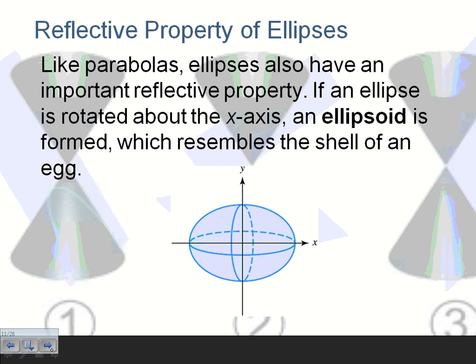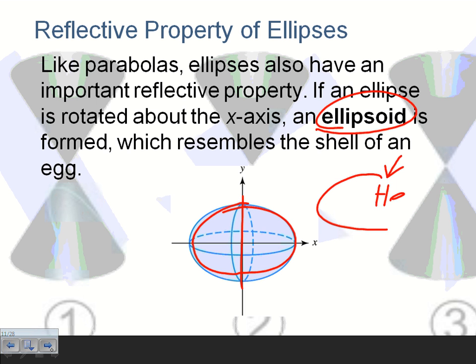If an ellipse is rotated about the x-axis, the ellipsoid, which is the three-dimensional figure created by rotating an ellipse, is formed, which resembles the shell of an egg. Or more importantly, if I split it in half, a lot of times this used to be how they made headlights on cars.